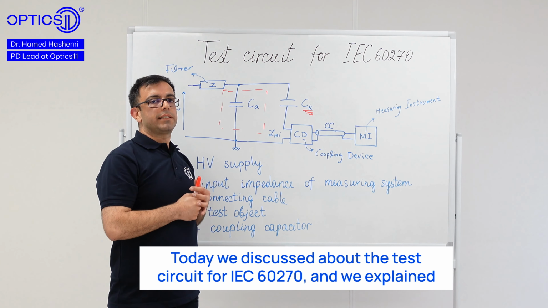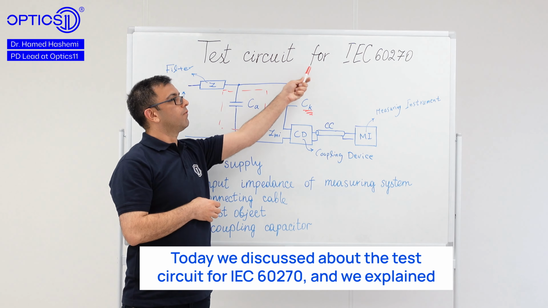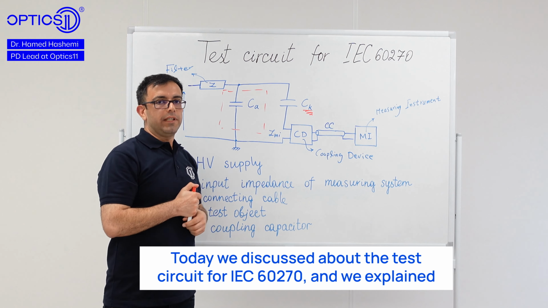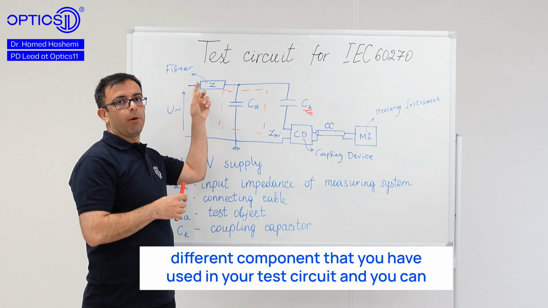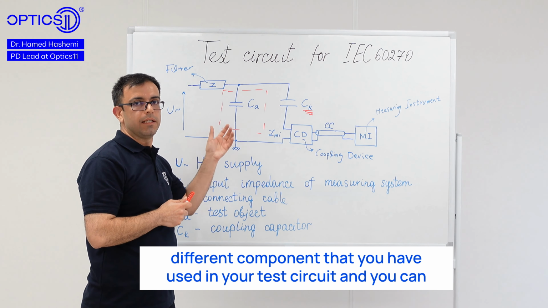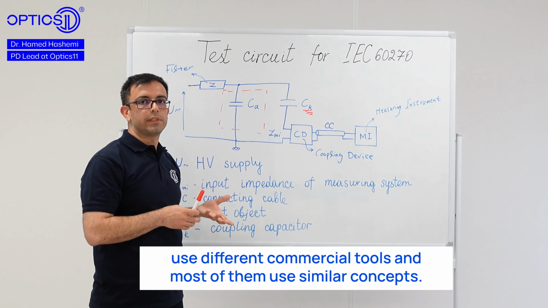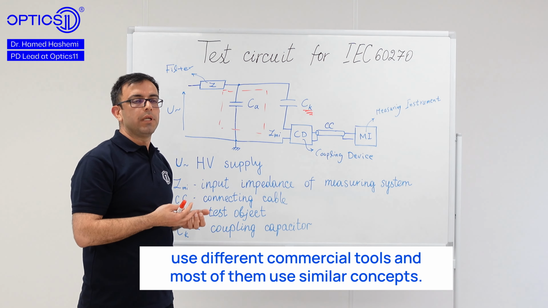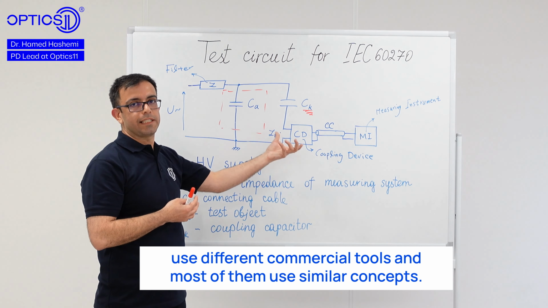Today we discussed the test circuit for IEC 60270, and we explained the different components used in your test circuit. You can use different commercial tools, and most of them use similar concepts.